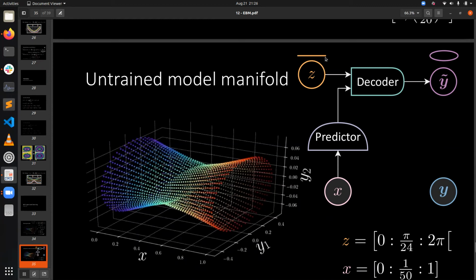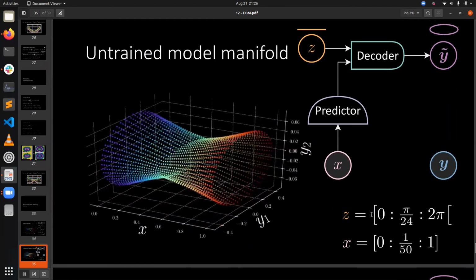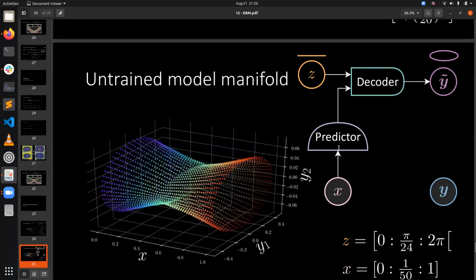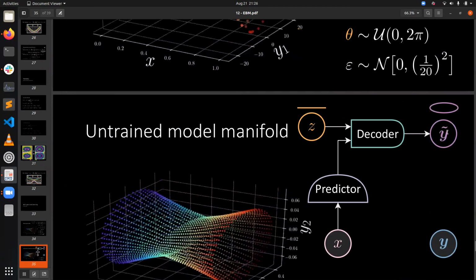You are just sampling it from 0 to 2 pi. And so the predictor output, along with the z, gives you y tilde, which is an ellipse, of course.